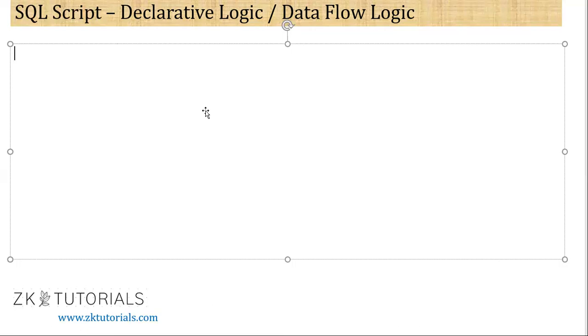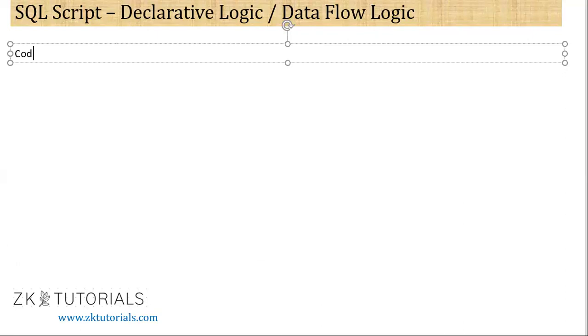Whatever code we write will be converted to a data flow graph. That's why we call it data flow logic.